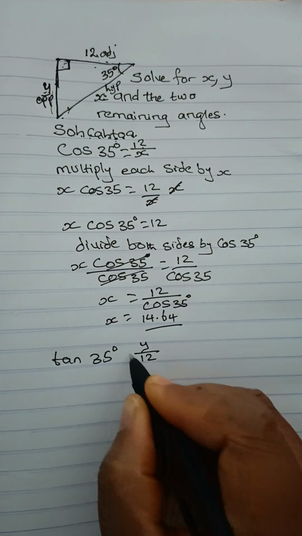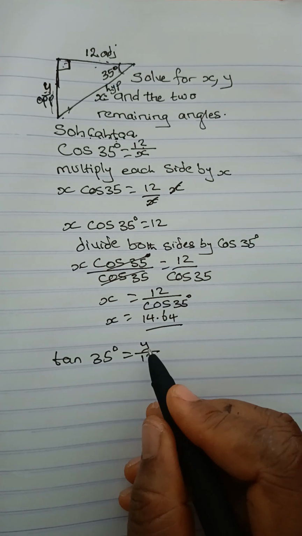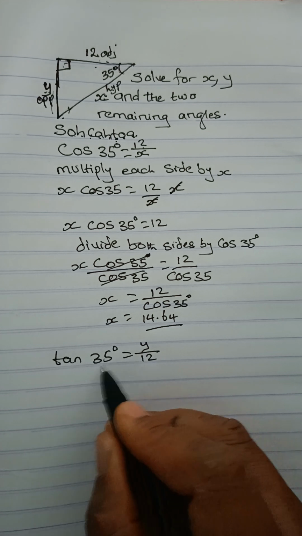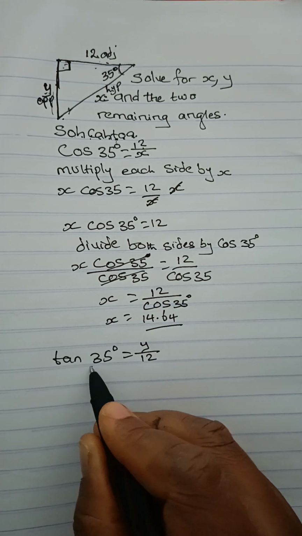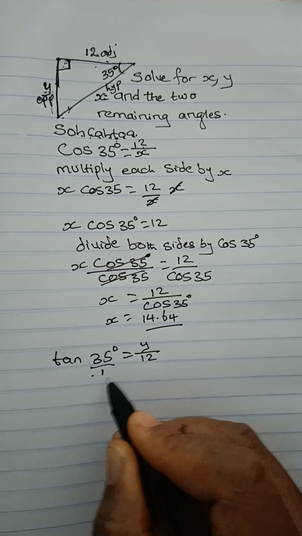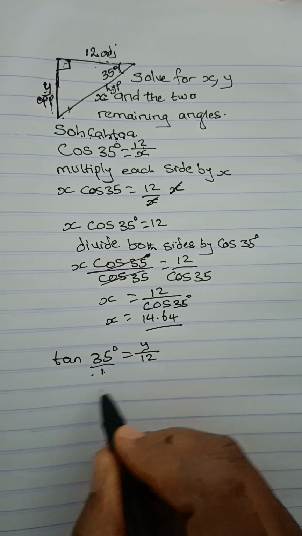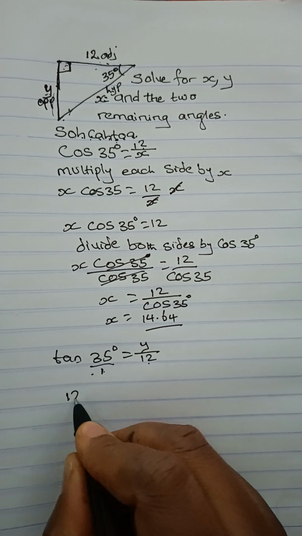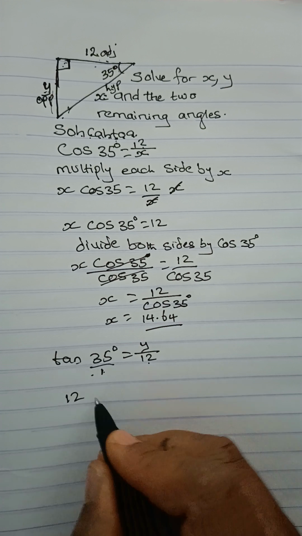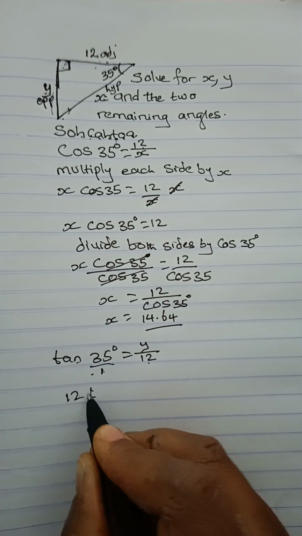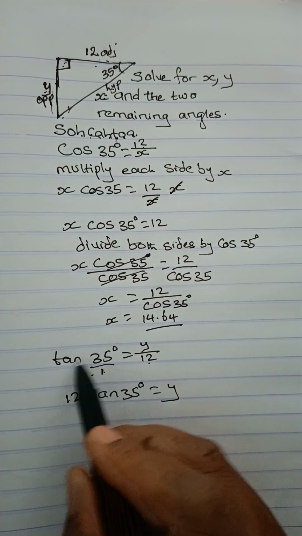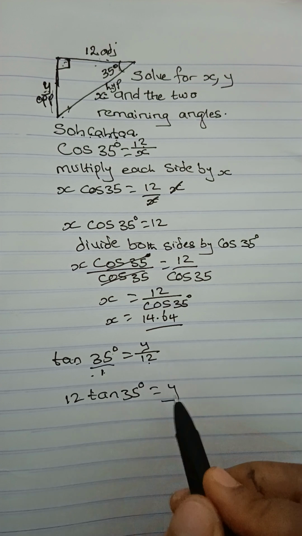Here we also have to make y stand alone, and the best way to do that is to cross multiply, like putting an invisible one under the tan 35. So 12 times tan 35 degrees is equal to y.